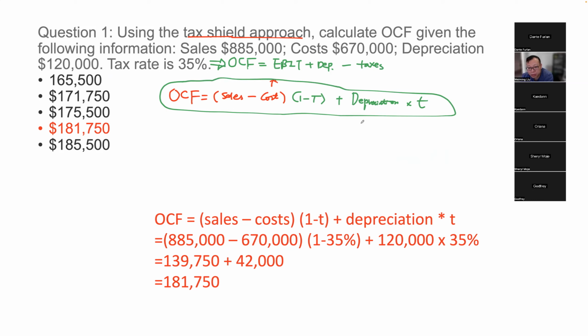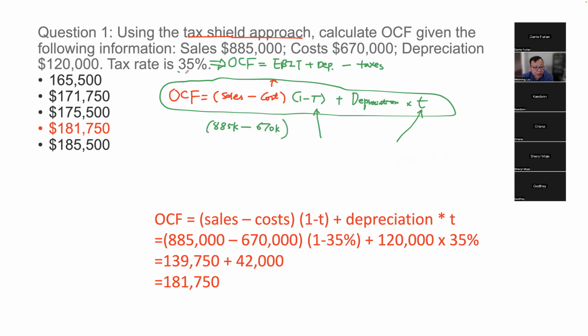Why is it the tax shield approach? Because in this calculation, we are using the tax rate. So if you know this, then everything is very straightforward. For sales, that's 885K. Cost, that's 670K.